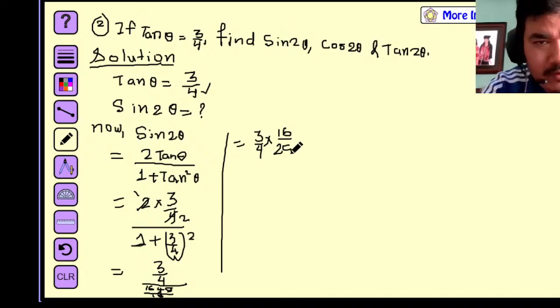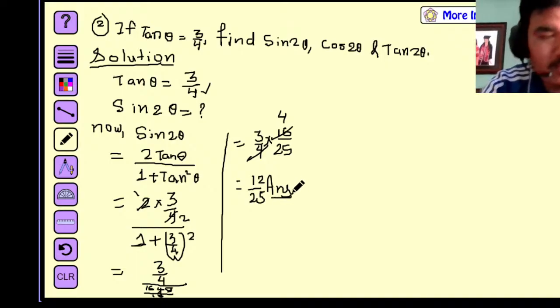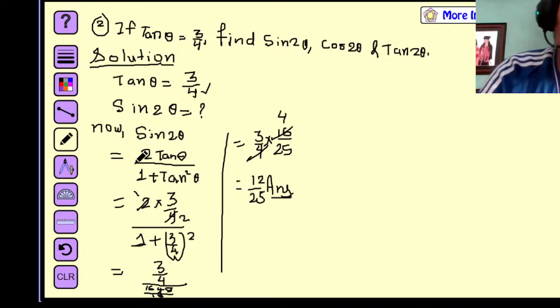We can cancel now 4 times 4 the 16. Then it will be the answer. Look here, 4 3s are 12, so 12 by 25 is its answer. This is the value of sine 2 theta of this question. Like this we solve it here.